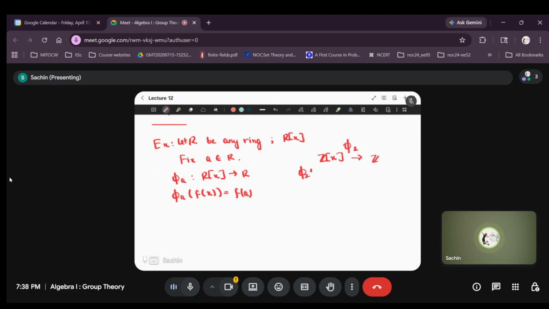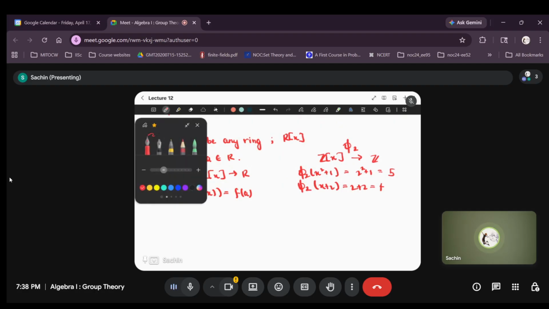Then phi 2 of x squared plus 1 will be 2 squared plus 1. You substitute the value. That's all. Phi 2 of x plus 2 is 2 plus 2.